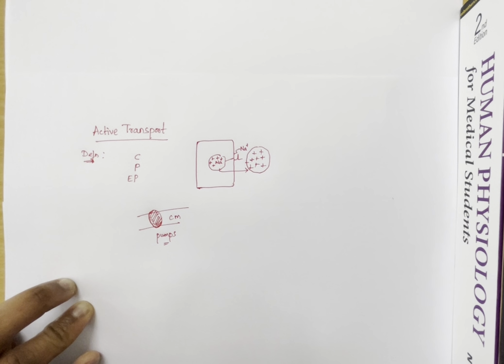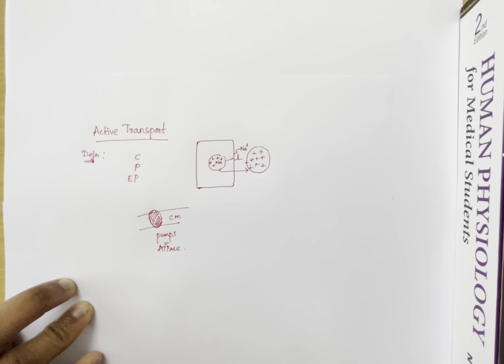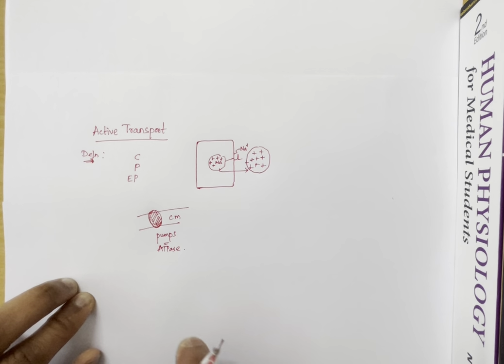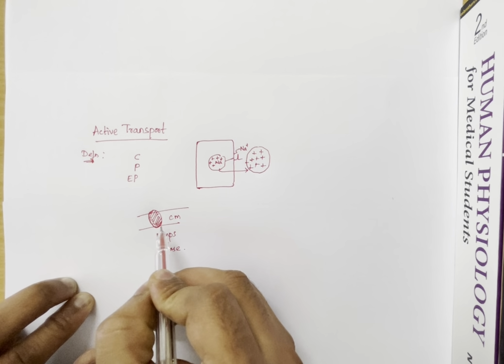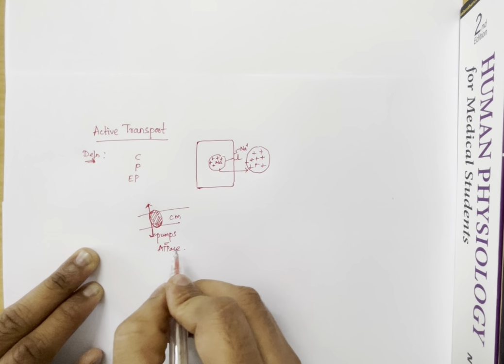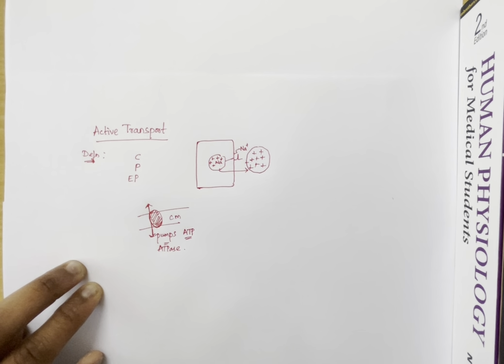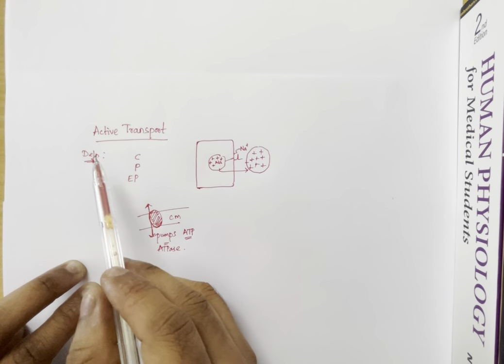That means they have ATPase activity, and they undergo some conformation changes pumping the ions to and fro against the concentration gradient with a breakdown of ATP. So that is why it is called active transport.